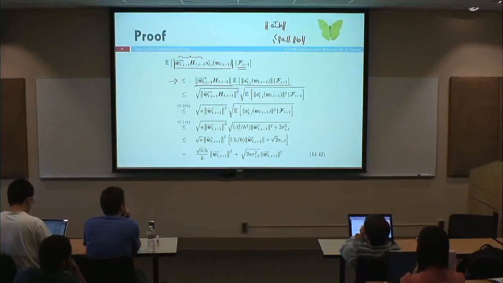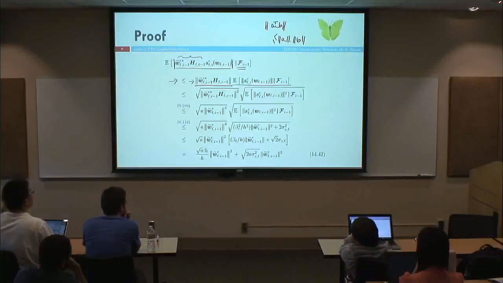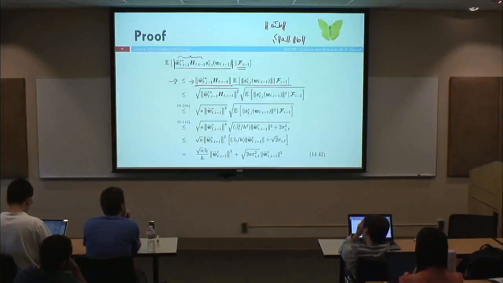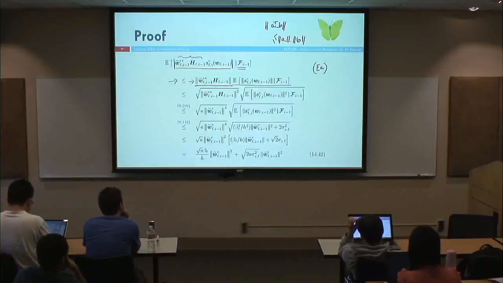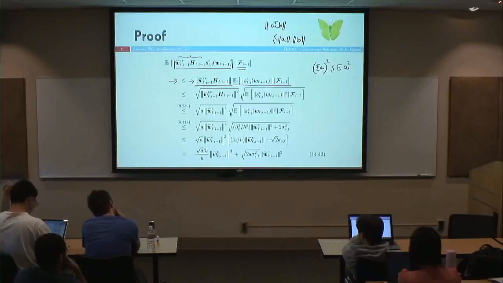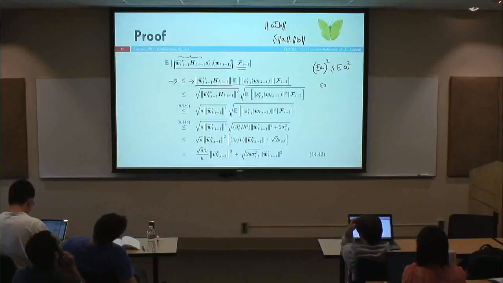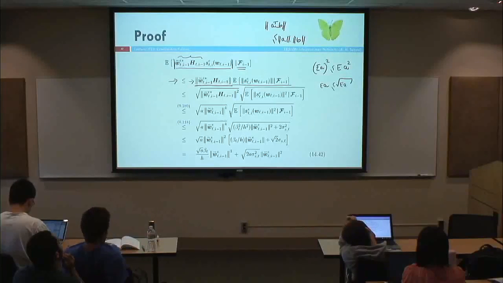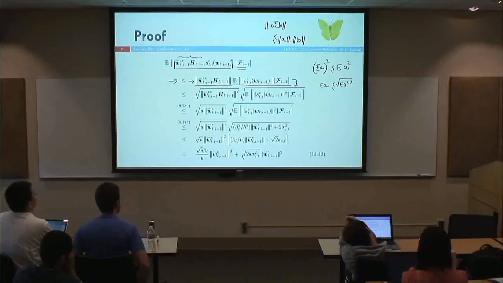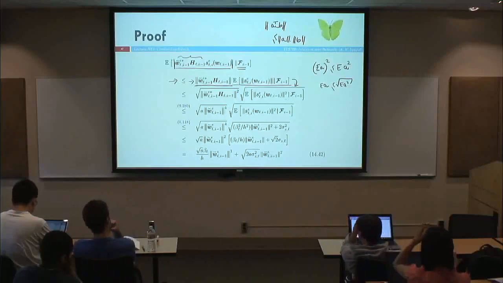Well, the first norm is equal to the square root of the norm squared. Nothing changed there, right? Okay, and for the second quantity, remember this, that for any real number, any random variable, this is less than or equal to that. Correct? We saw this many times, correct? Okay, therefore, expected value of, let's say A is non-negative, is less than or equal to the square root of the expected value of the square, correct?